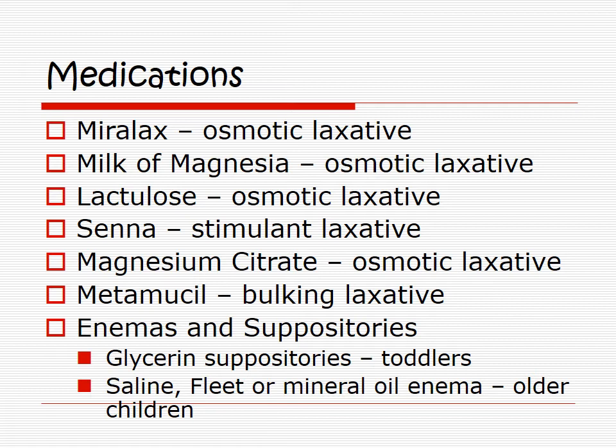There are also enemas and suppositories. An enema is something that's going to flush the rectum, a small amount of liquid, and a suppository is going to be a little thing that you put in there that just softens the poop, so that if you put in a suppository at night, it might soften it in time for it to come out in the morning. Glycerin suppositories are typically what I would recommend for toddlers, again, under the pretext of asking a doctor first or having the parent ask the doctor first.